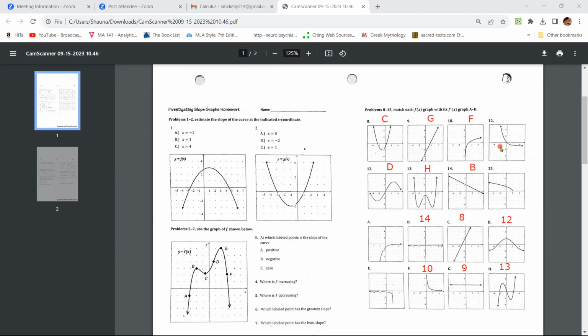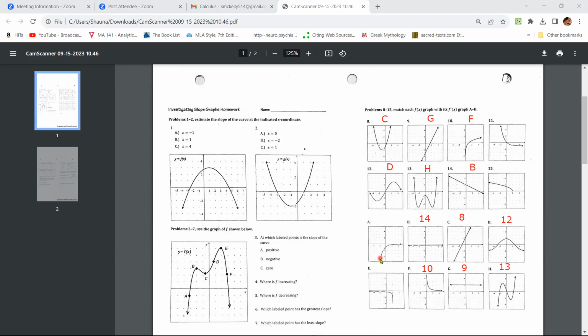Now here's the other thing. This function is defined for all real numbers, it looks like. So would we be looking at A or E here? Remember, we start out with a negative slope, so we want to start out with negative numbers.